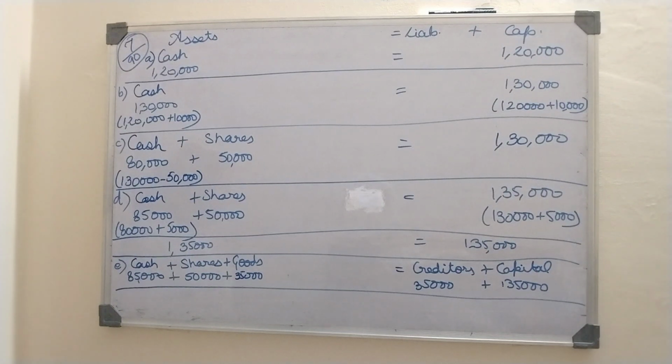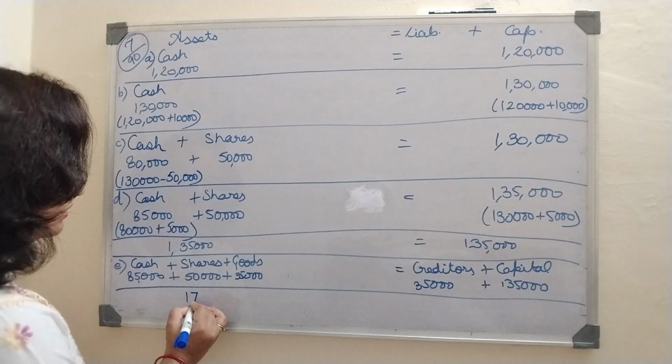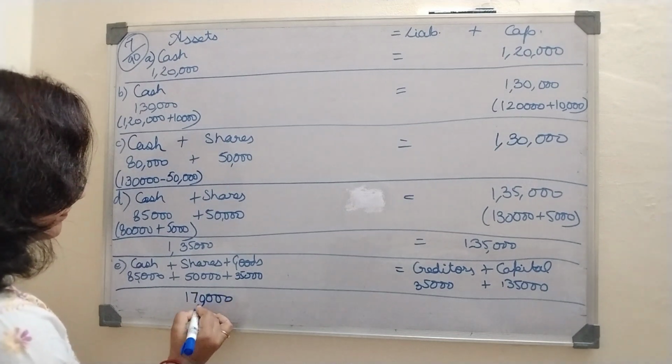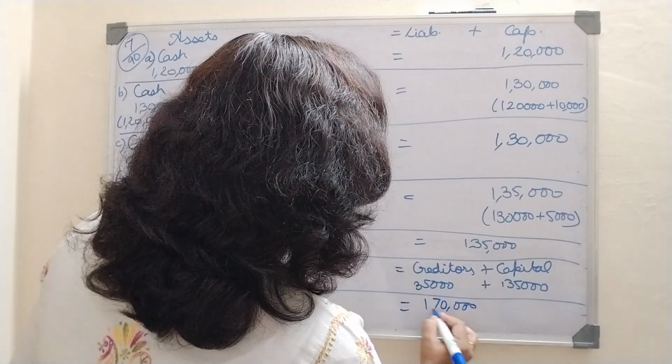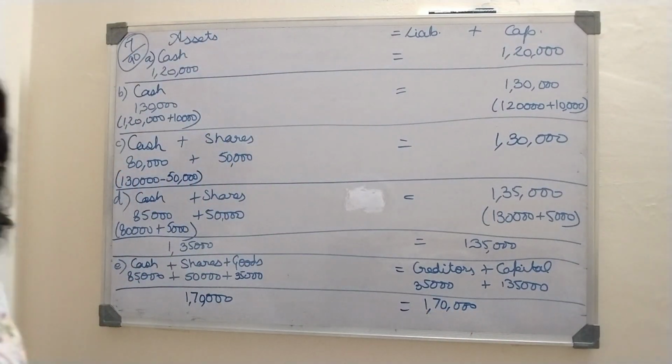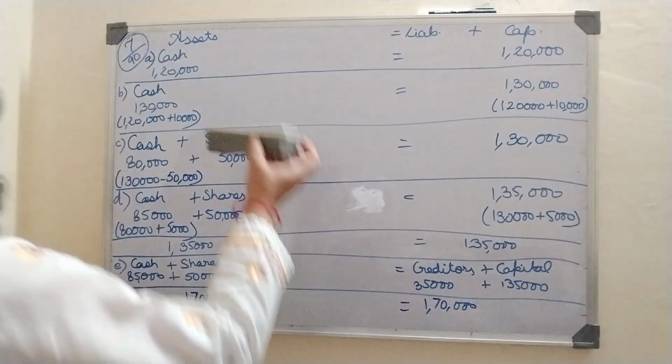Right hand side 35,000 plus we have 1,35,000. So now the total comes to 1,70,000. Right? Now after that we will move on to the next part.